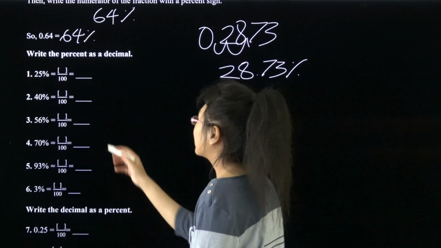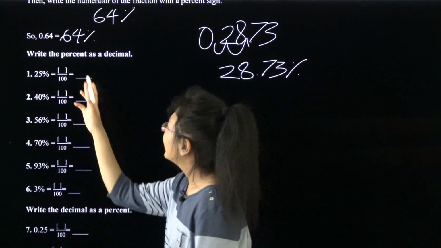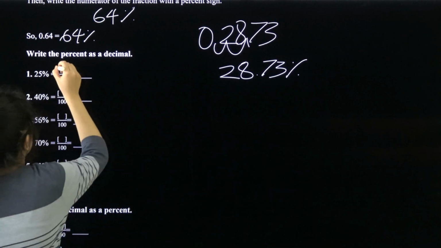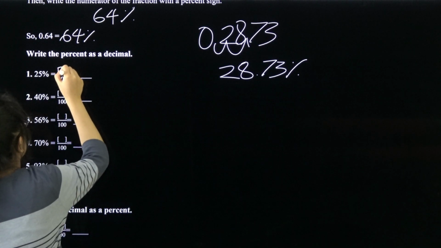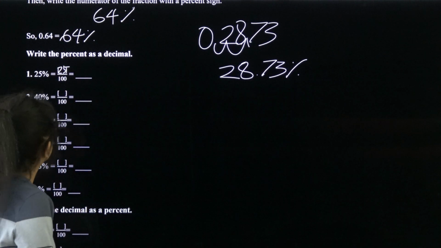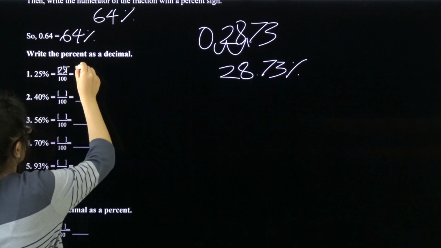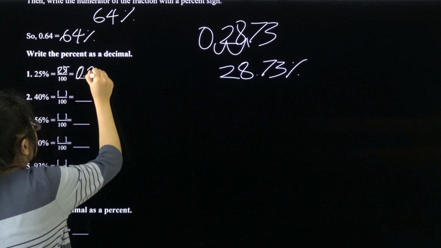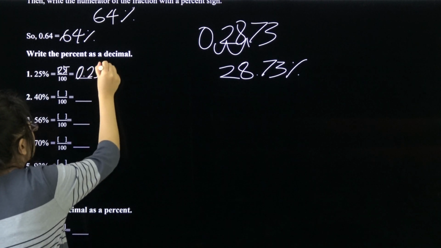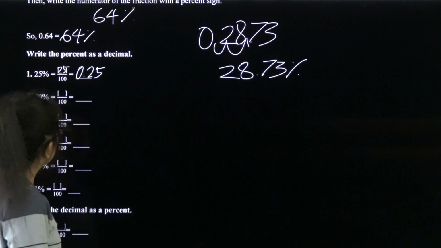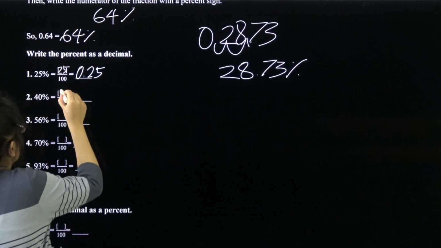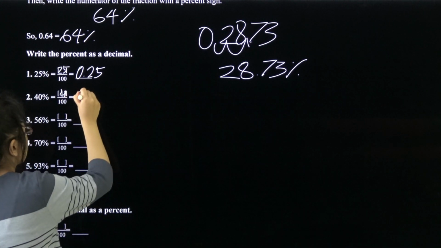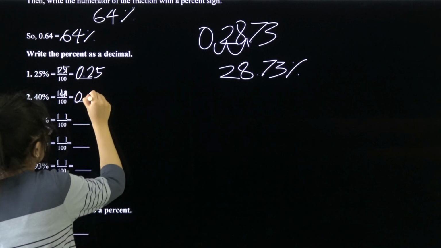Now let's do some practice to make ourselves used to it. Write the percent as a decimal. Well, 25% equals 25 over 100. So that would be 0.25. 40 over 100 would be this, which equals 0.40.